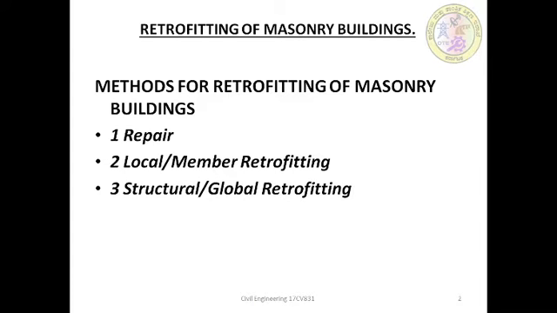Then the third one is improving the structural integrity of the whole structure, in terms of in-plane and out-of-plane strength or only against out-of-plane forces, very much like global structural retrofitting, with various techniques under these schemes.